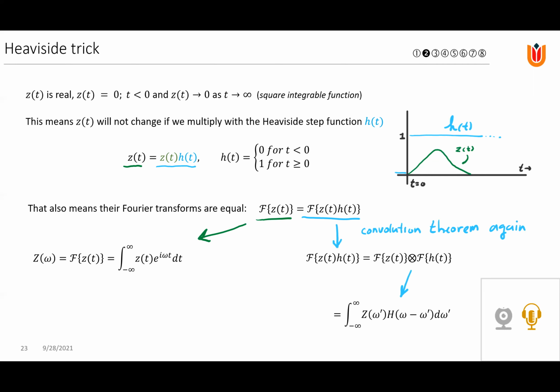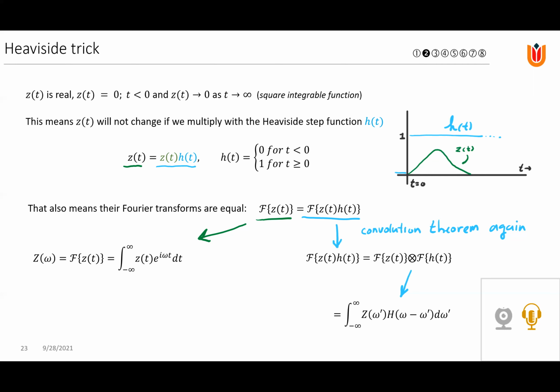Again, this is given by a convolution. The Fourier transform of the product of two functions is given by the convolution of the two Fourier transforms.